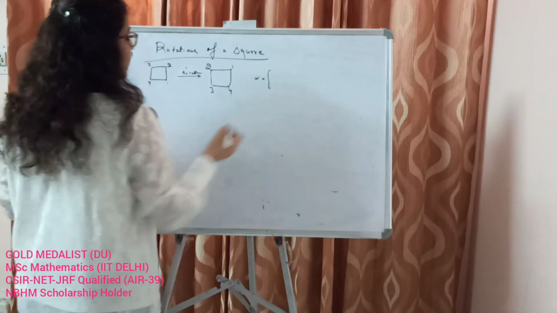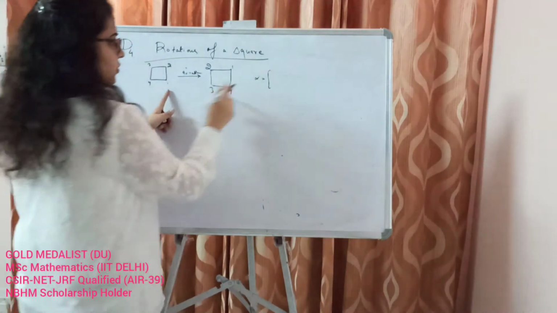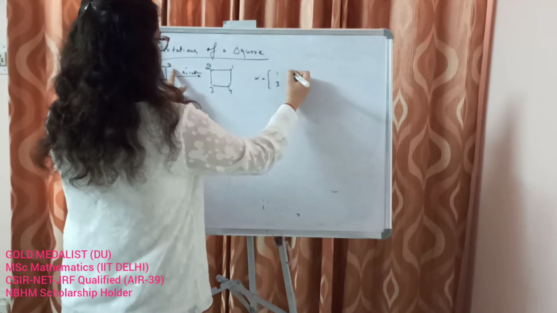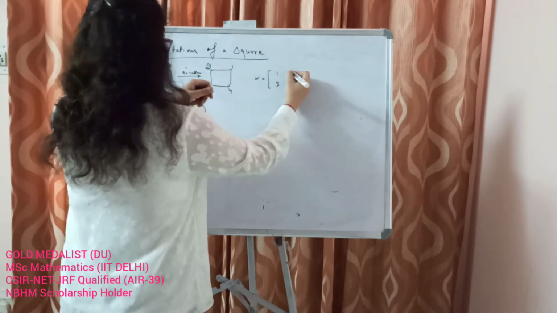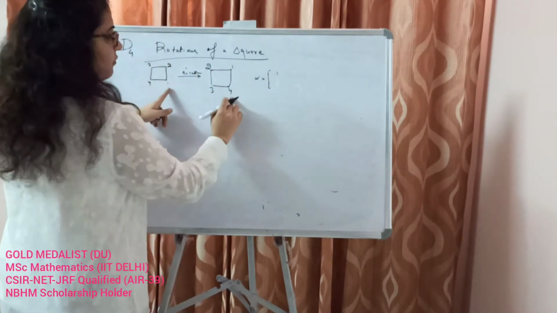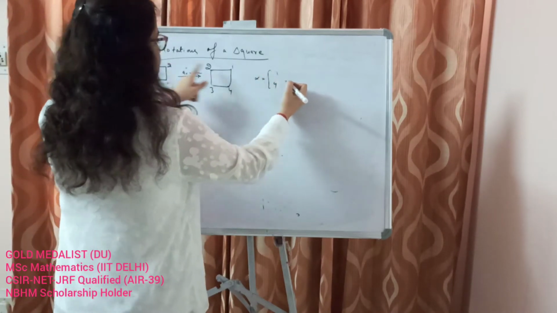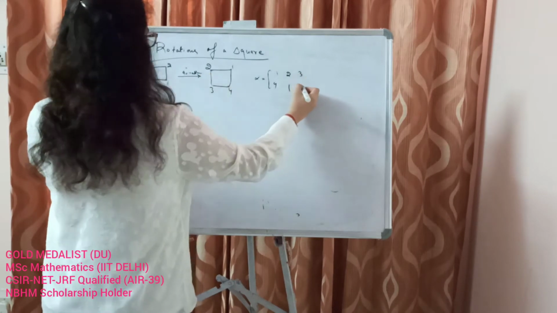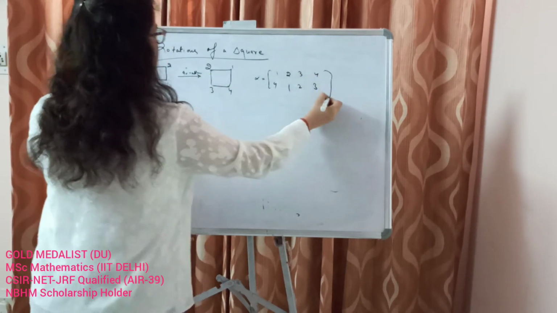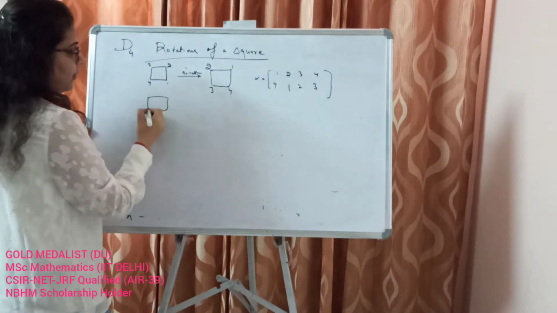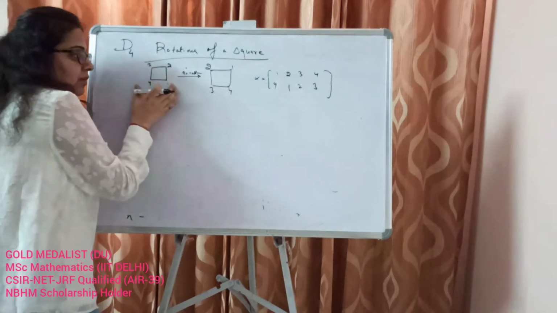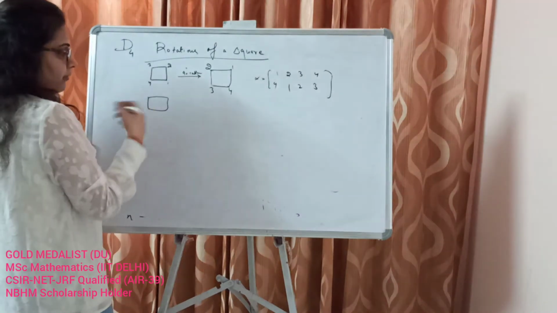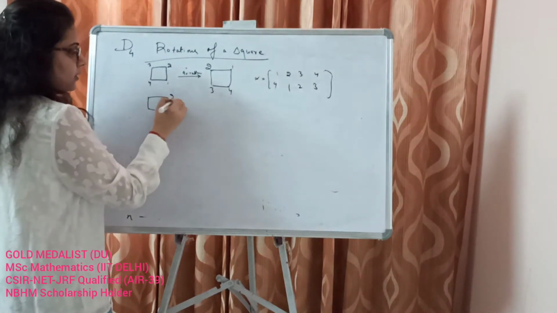Yes, we can write a permutation. 1 goes to 4, 2 goes to 1, 3 goes to 2, and 4 goes to 3. Alright. Now, this fixed element is the reference element, and we apply different kinds of rotations on this element.